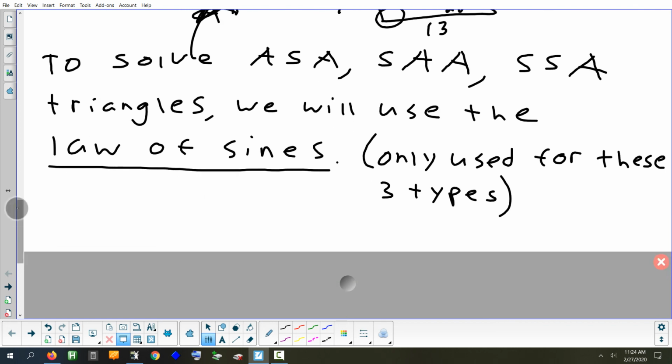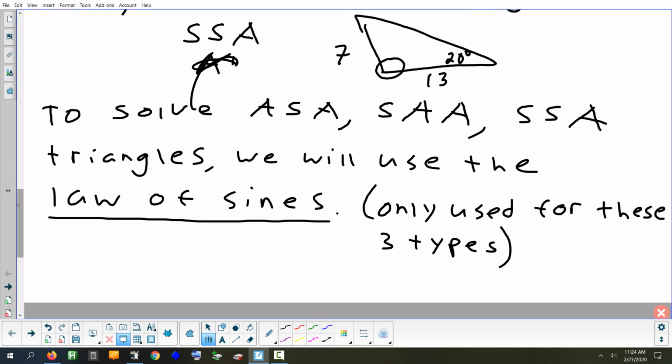So, we're going to take a look at kind of where the law of sines comes from. A little bit of it, not really the whole thing, but enough of it that I think it'll make sense. And then after we look at where it comes from, then we're going to use it to solve three problems. And then that'll be it.